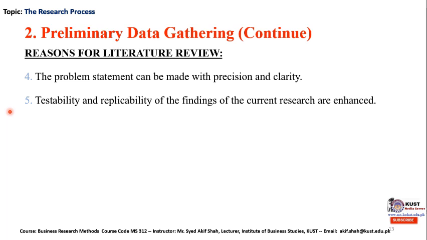This study should give replicable results. So when we go through the literature review and incorporate the important variables, the testability and replicability of our research is enhanced, and it sets the ground for our research to be called a scientific study.